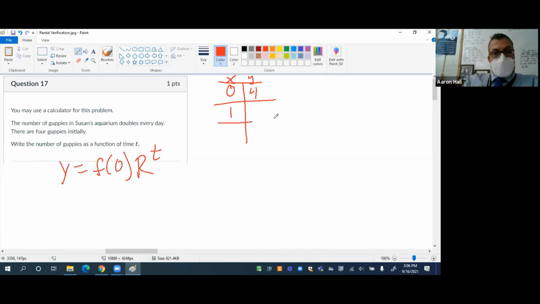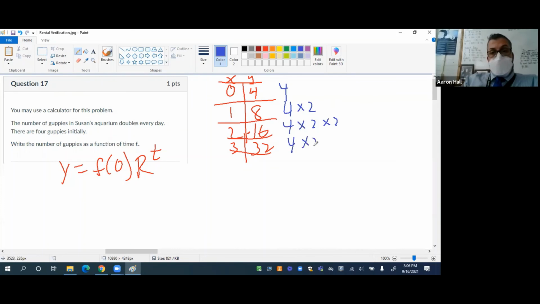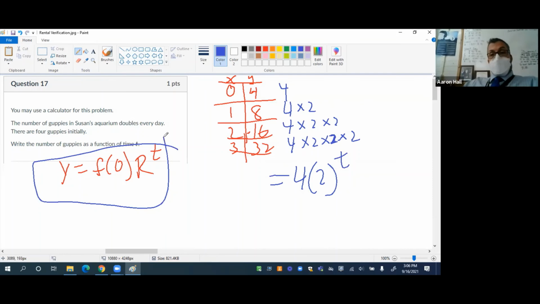So one more day later, I have 8, and then 16, and then 32. Let's write this out. This is 4, and this is 4 times 2, and this is 4 times 2 times 2, and this is 4 times 2 times 2 times 2. What's our rule when we multiply multiple numbers? Isn't it an exponent? There we go. Does that make sense why this is our equation?